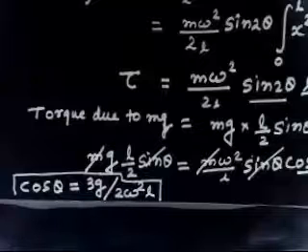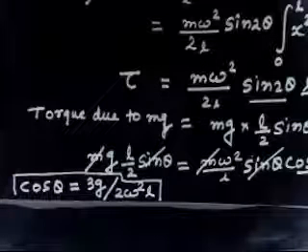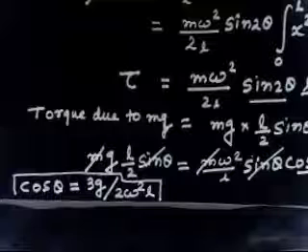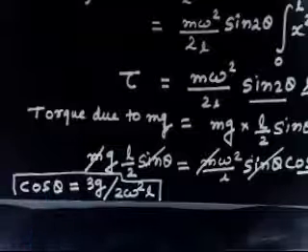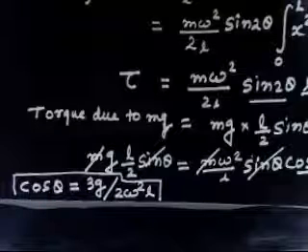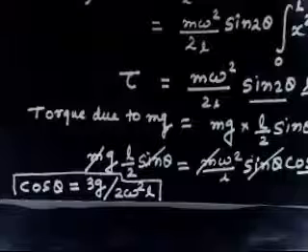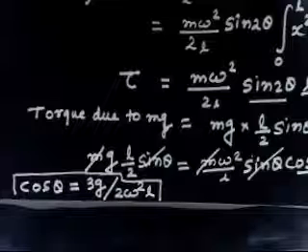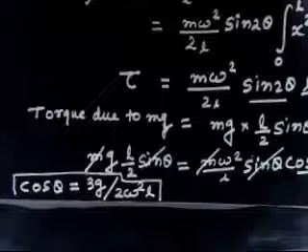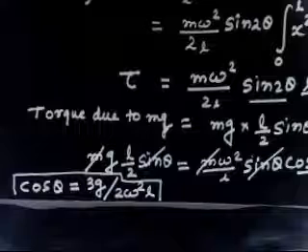This means theta has to increase, because cos theta is a decreasing function. One can also see, if you increase L, this cos theta decreases, this means theta increases. So if you have a larger rod, you will achieve equilibrium at larger theta. That is obvious, because in that case, moment of the pseudo force, moment of the centrifugal force will increase.